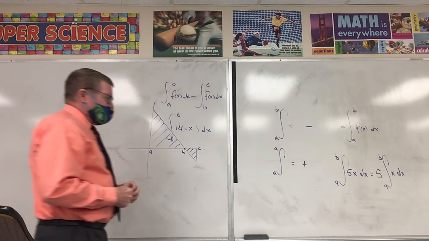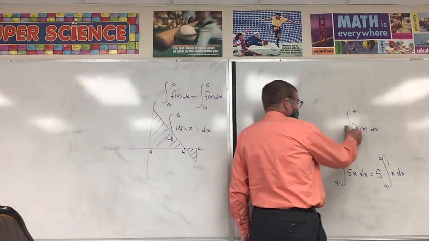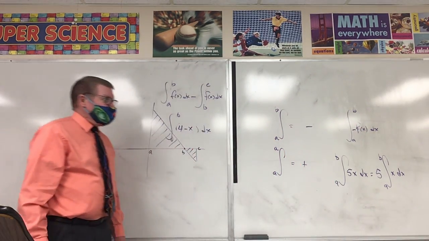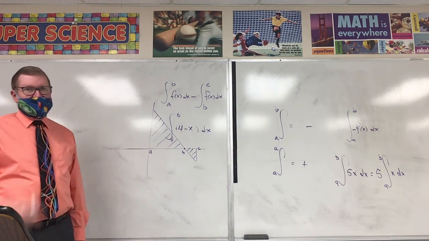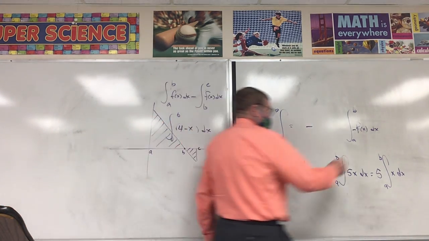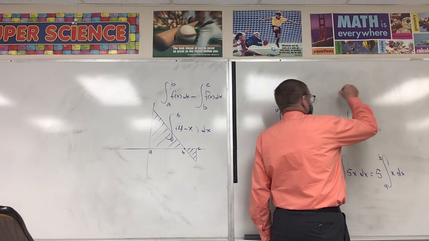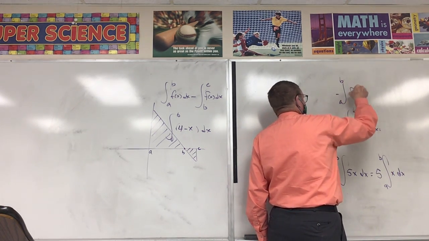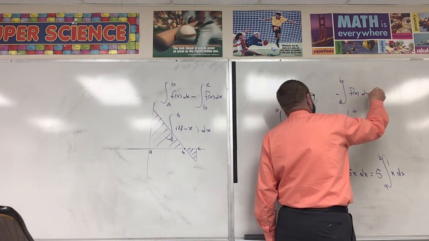Same thing if we have a minus sign inside. So if I have the integral from a to b of negative f of x dx, I can bring the negative sign out. That would be the same thing as the negative of the integral from a to b of f of x dx.